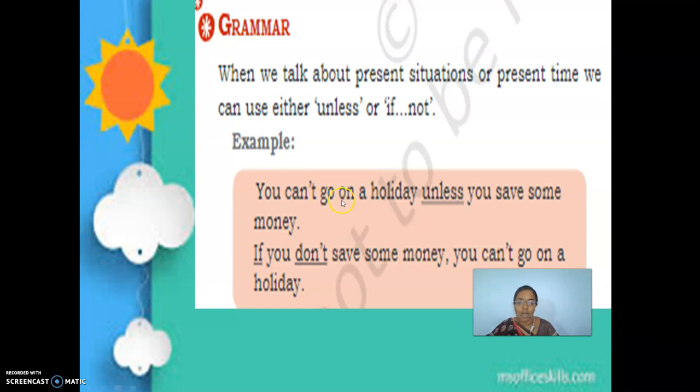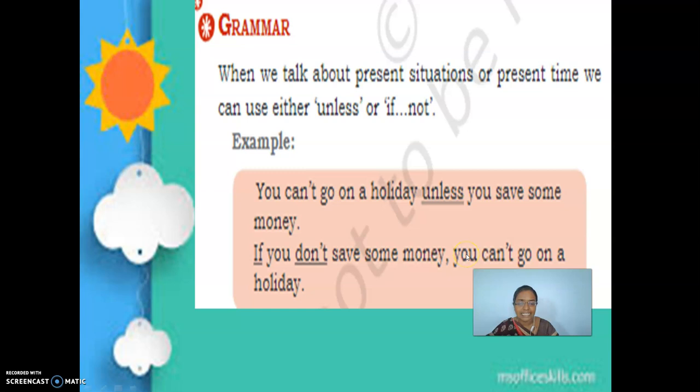And here you have made use of the word unless. How can this unless be split? If you don't, or you can say if you do not save money, you cannot go on a holiday. Have you understood now?